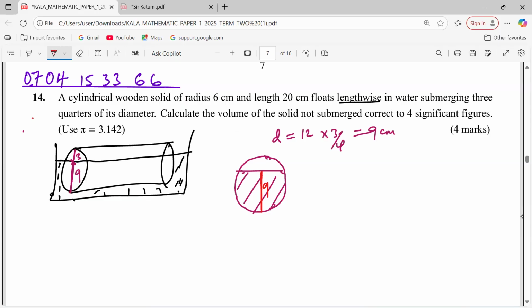Then we can talk about such a sector now. We can address it as a sector of a circle, like that.